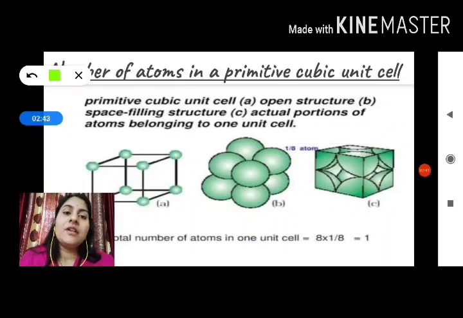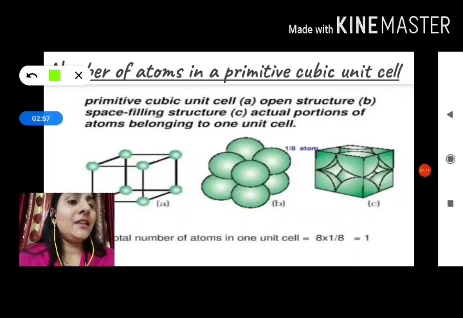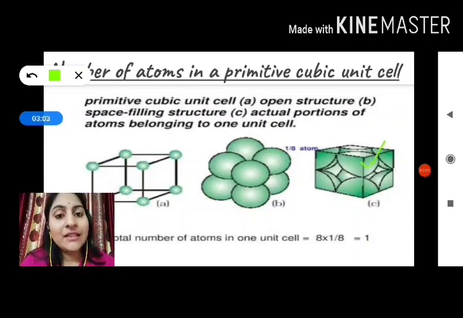Here we have the primitive cubic unit cell, the open structure, that is figure A, the space filling structure, that is figure B, and the actual portions of the atom belonging to the 1 unit cell, that is figure C. Here you can see that the corner atom is actually shared by the 8 unit cells.